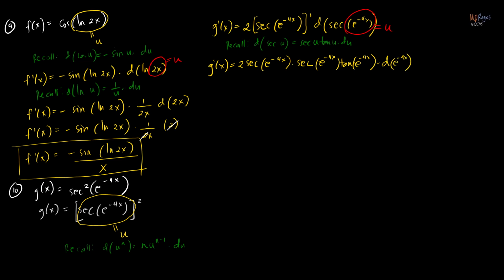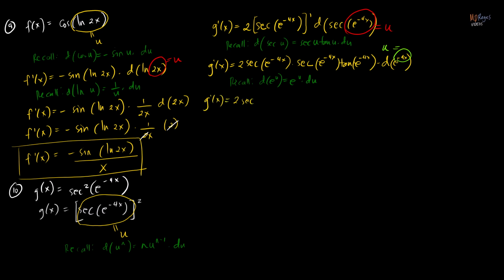Okay, so to differentiate e to the negative 4x, we recall the formula for differentiating e to the u. It's e to the u times du. In this case, u is equal to negative 4x. Okay, let's continue with g prime of x.